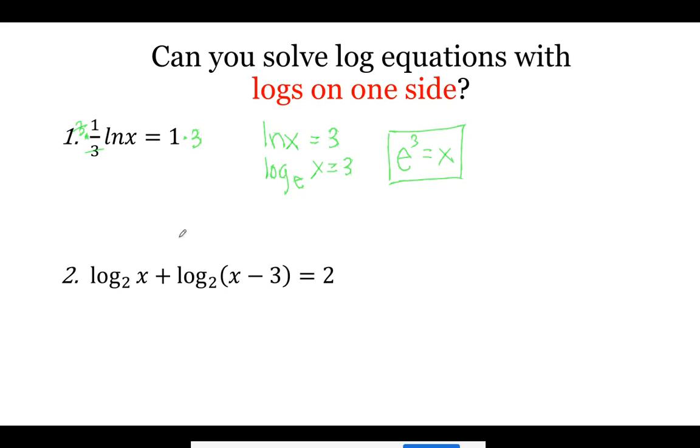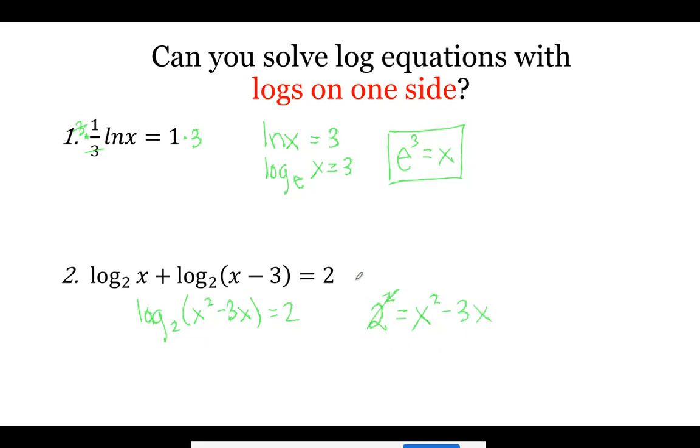Ooh, look at this one. So here we want to combine these first. Logs on one side, so they're the same base. So log base 2 of x squared minus 3x equals 2. So change this. The exponent that turns 2 into x squared minus 3x is 2. So 2 squared equals x squared minus 3x.